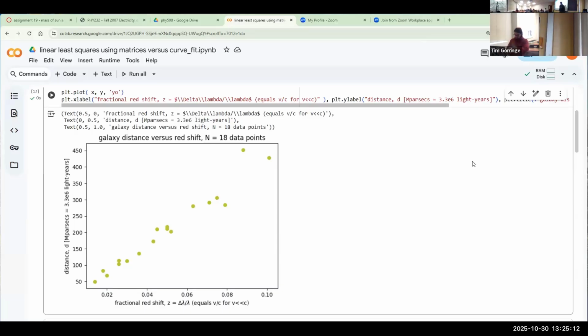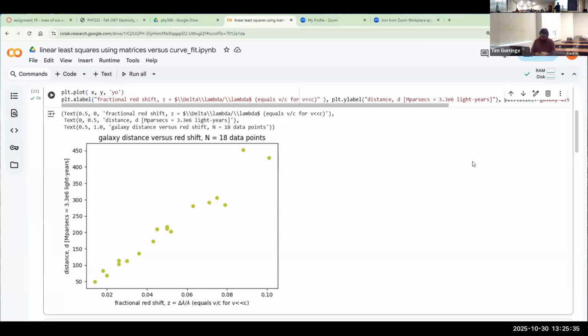So this is the data. Here's X, the fractional redshift. Remember, if we multiply this by the speed of light, that is the recession velocity. Vertically, this is the distance of the galaxy. We got it from the brightness, but it's the distance in units of megaparsecs.